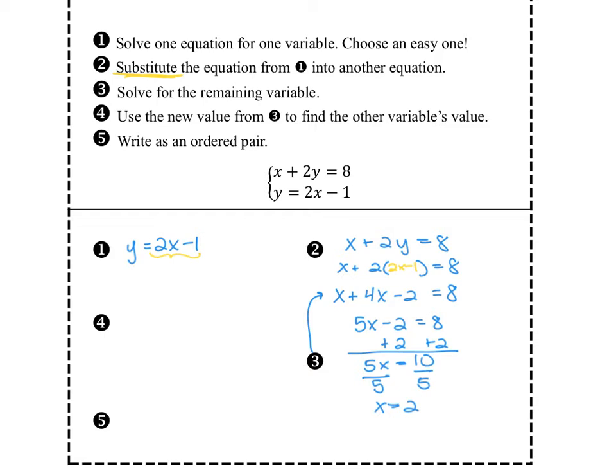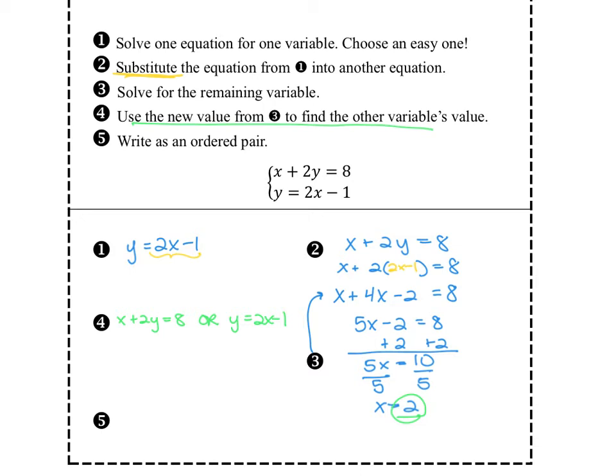Now what I can do is use that new value from step 3 to find the other variable's value. It doesn't really matter which equation you pick. You can pick either x plus 2y equals 8, or y equals 2x minus 1, and take x equals 2 and substitute it in place of the x.